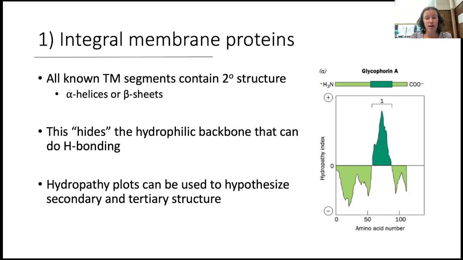Now, something interesting about integral membrane proteins is that all known transmembrane segments contain secondary structure, specifically alpha helices or beta sheets. So not turns and loops, just alpha helices or beta sheets. Why is this?